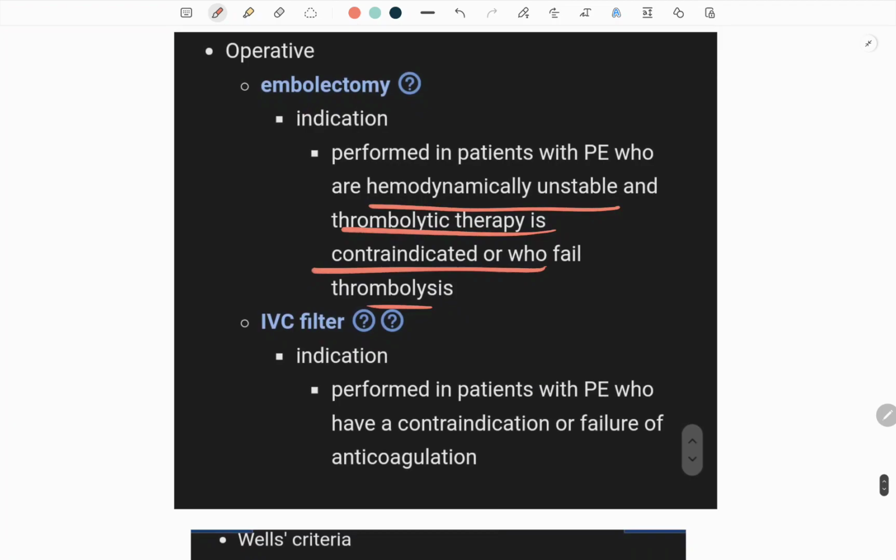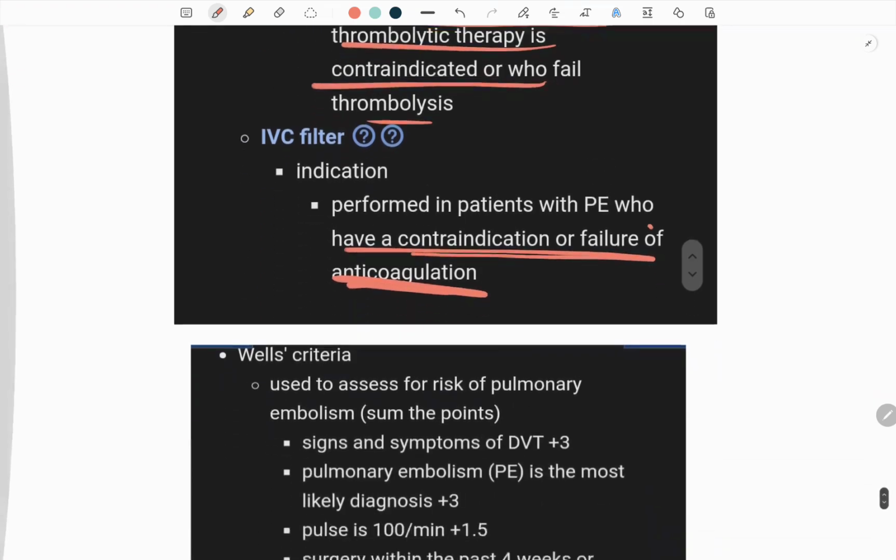And there we do embolectomy. The IVC filter, inferior vena cava filter, is performed in patients with pulmonary embolism who have a contraindication to or failure of anticoagulation.